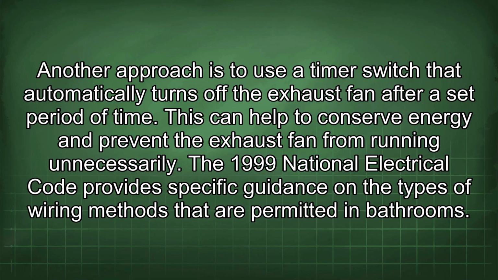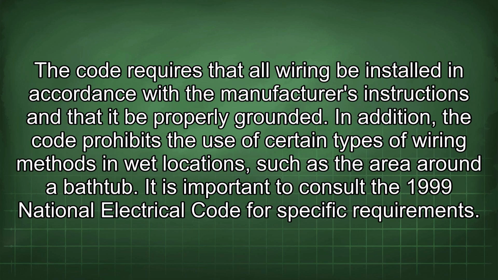The 1999 National Electrical Code provides specific guidance on the types of wiring methods that are permitted in bathrooms. The code requires that all wiring be installed in accordance with the manufacturer's instructions and that it be properly grounded. In addition, the code prohibits the use of certain types of wiring methods in wet locations, such as the area around a bathtub.